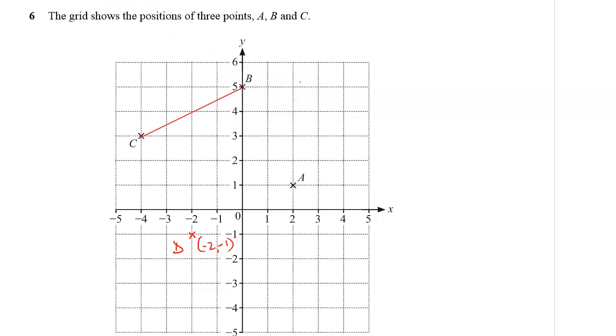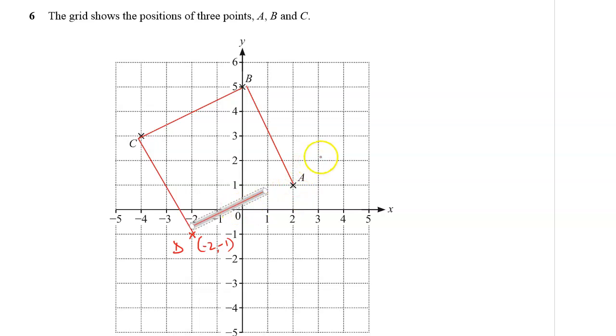Then I join again this point here and this point A, and this other point here, and there join C and D, join this and this right there, and lastly you join this point and this point.